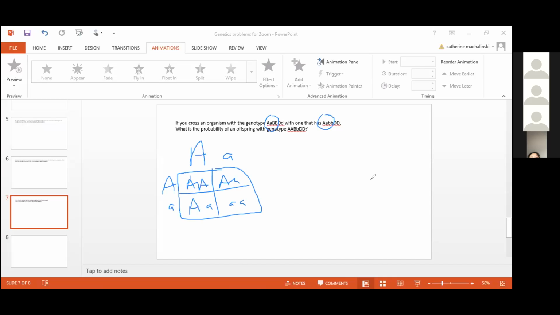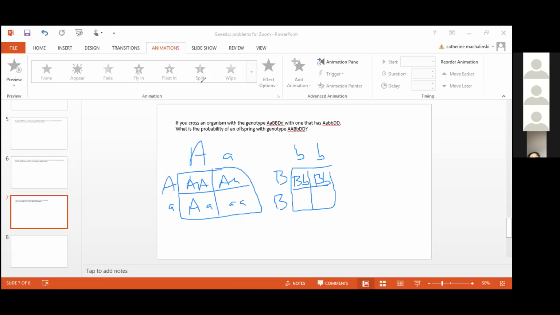That was easy enough. Now I want to do a Punnett square for the B trait. For the B trait, I have big B for one parent, and I have little b for the other parent. And some of you who are getting a little bit better at genetics would recognize, geez, I don't really need a Punnett square for that one.